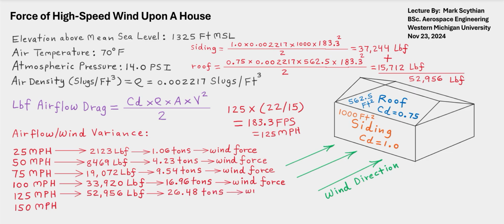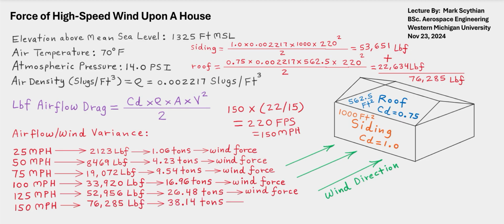At 125 miles per hour, about 26.5 tons of wind force. And then at 150 miles per hour wind speed, 38.14 tons of wind force.